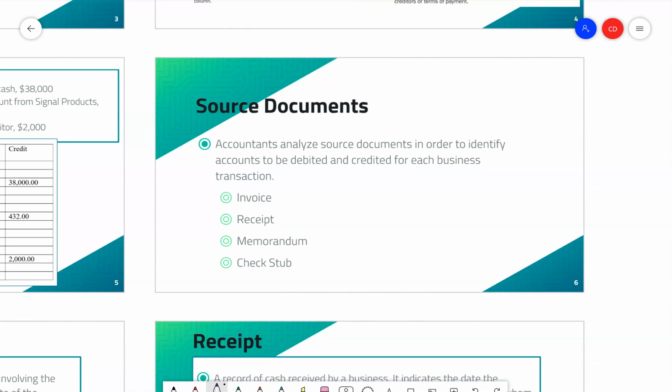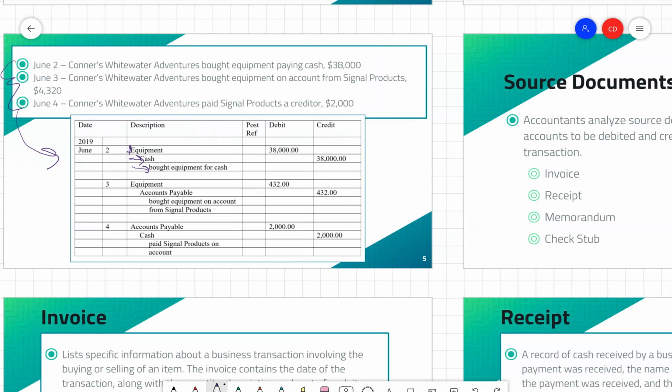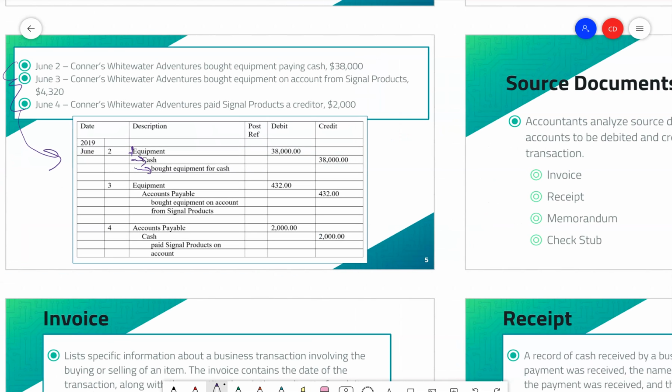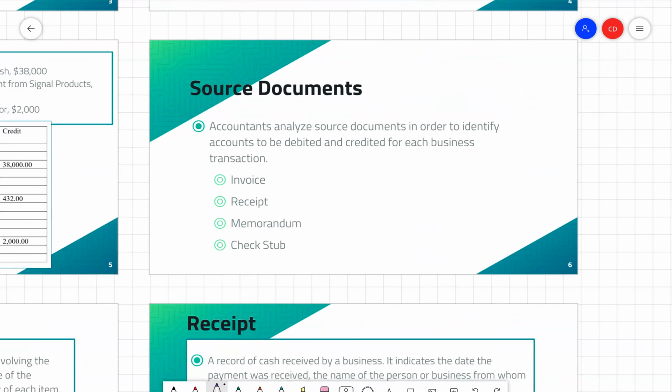All right, so source documents. We're not going to work with source documents all year long. The majority of the work we will do when you are recording business transactions will look like these business transactions that you see here, where they are typed out in words for you. But it's important that you get some practice with source documents.